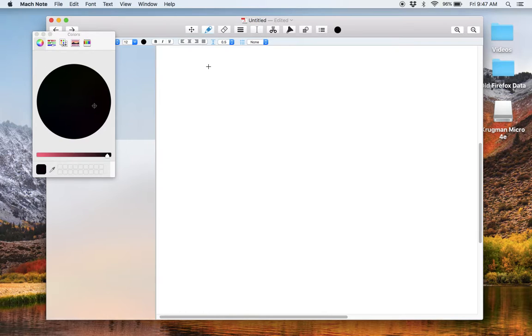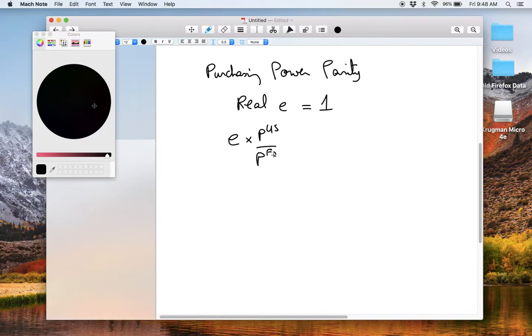We talked about purchasing power parity. Purchasing power parity says that real exchange rates in the long run have to equal 1. Since the real exchange rate is equal to the nominal exchange rate times the domestic price over the foreign price, if that's going to equal 1 in the long run, the implication is that in the long run, nominal exchange rates should be equal to the relative prices.